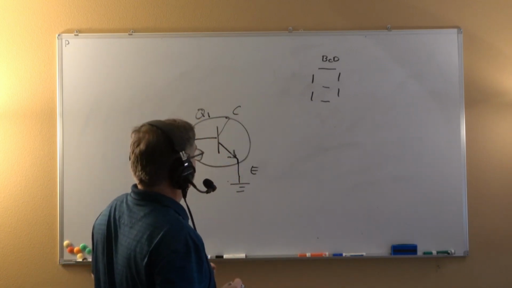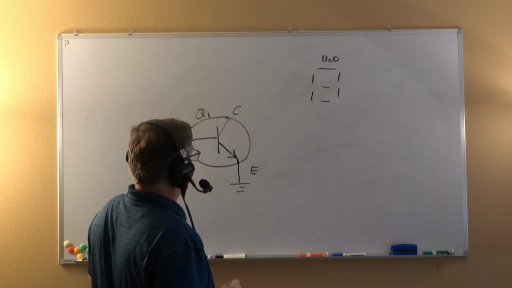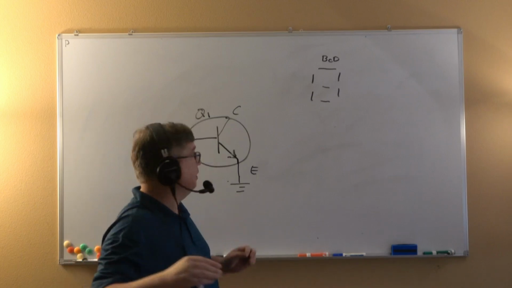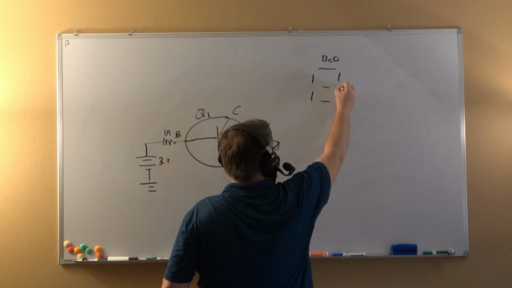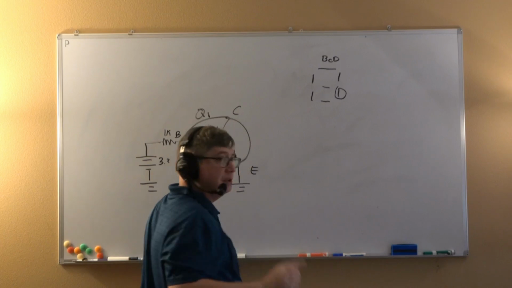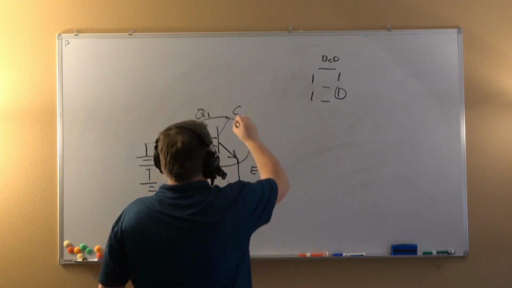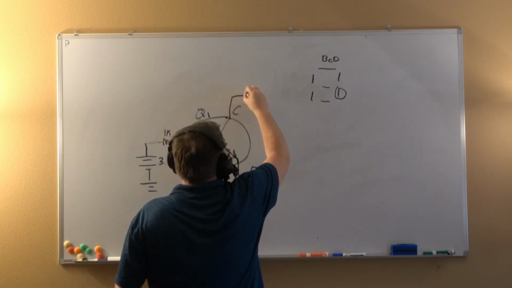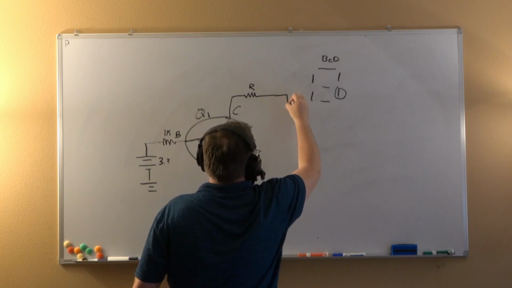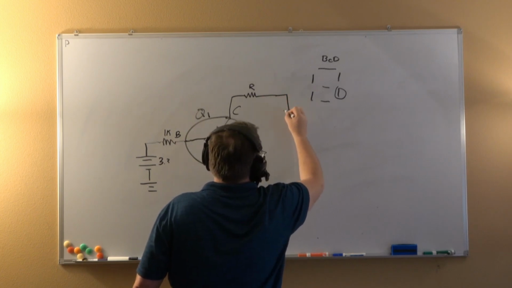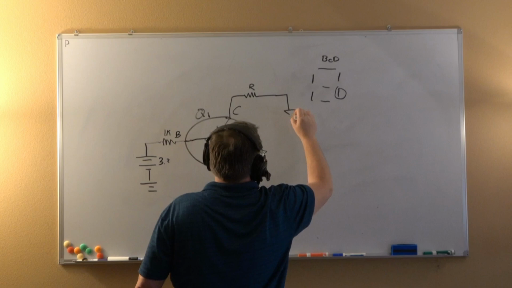Now, for simplicity, we're going to calculate for one LED. Now let's say that one's on. So that's going to come up. Okay, we have an R right here, and then we have a diode. Hopefully I can draw this right.